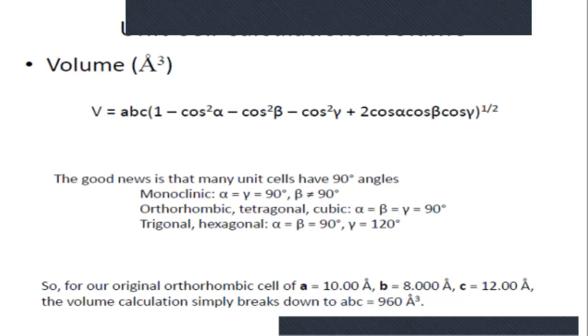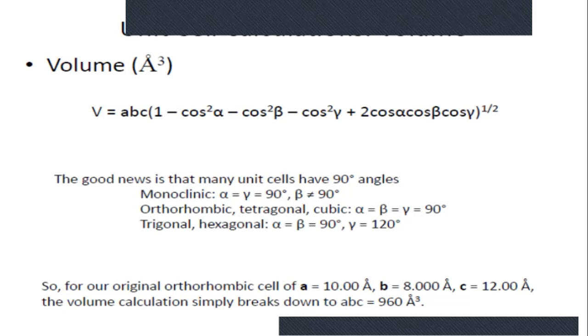Now the good thing about this equation is that the cosine of 90 is 0. So the more angles you have as 90, the less it is involved in the calculation. So for example, yesterday we did cubic system. We did a simple cubic and a face-centered cubic.